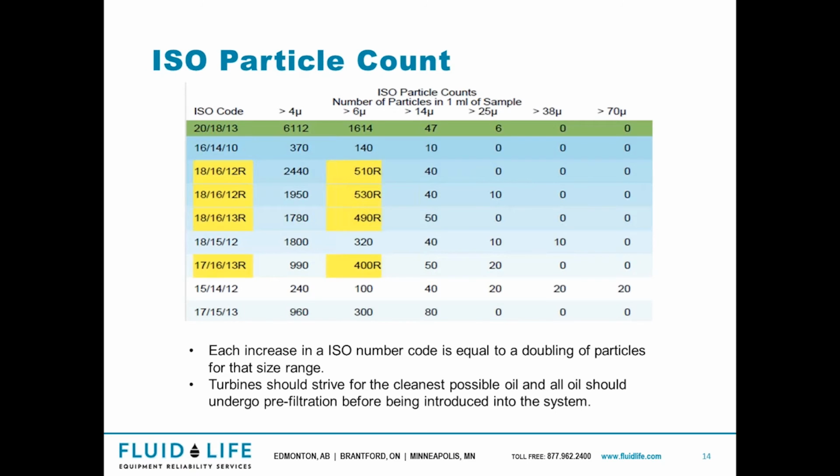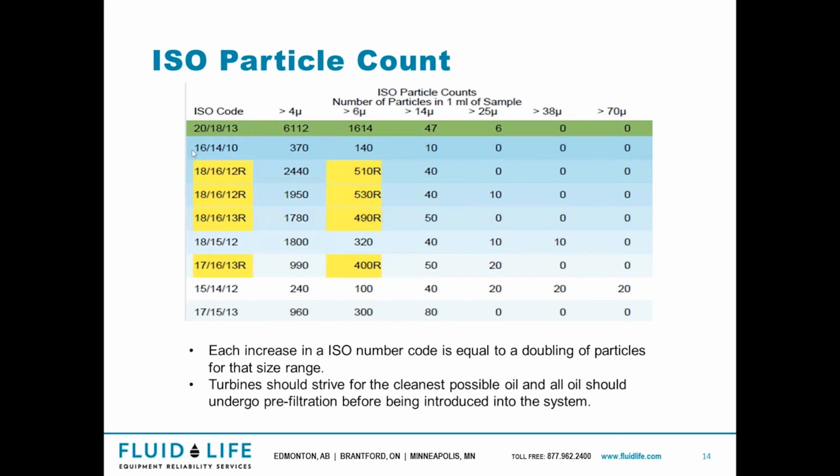If we move on to the ISO particle count, first I'd like to describe what the ISO particle count is. It's this 3-number code here, in this example 16, 14, 10. And these numbers directly relate to these 3 columns here in the report. The 16 is directly related to your 4 micron count. The 14 is directly related to the 6 micron size particle count. And the 10 relates to the 14 micron count.